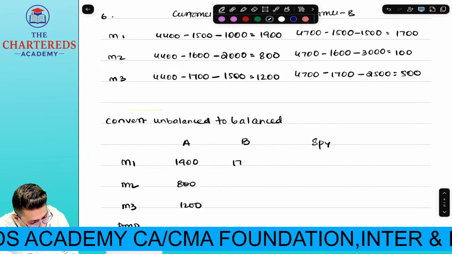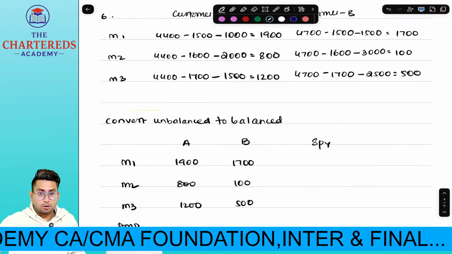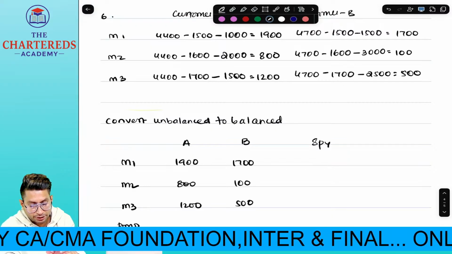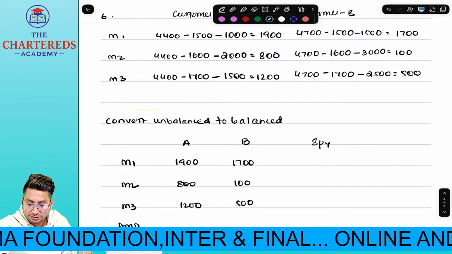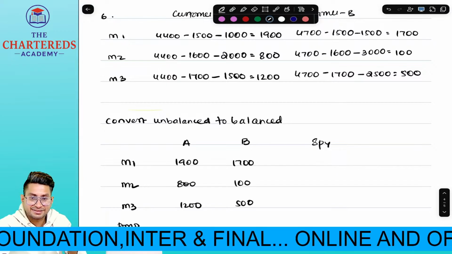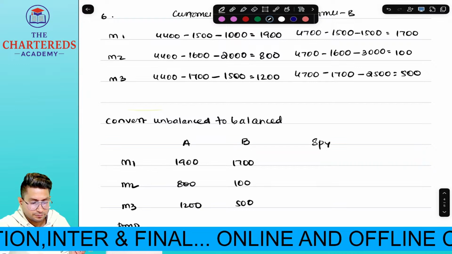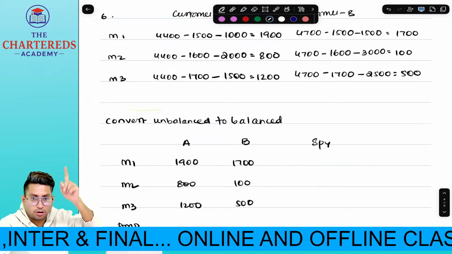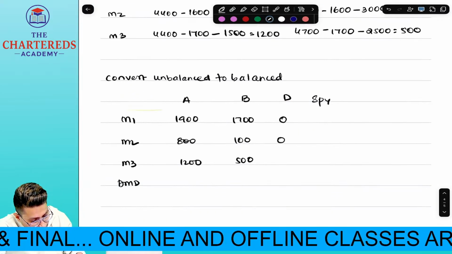Then 1700, 100, 500. What should I create here? Dummy row or a dummy column? What is less? Demand or supply? Demand, right? So we have to create a column. So dummy column 0, 0, 0.